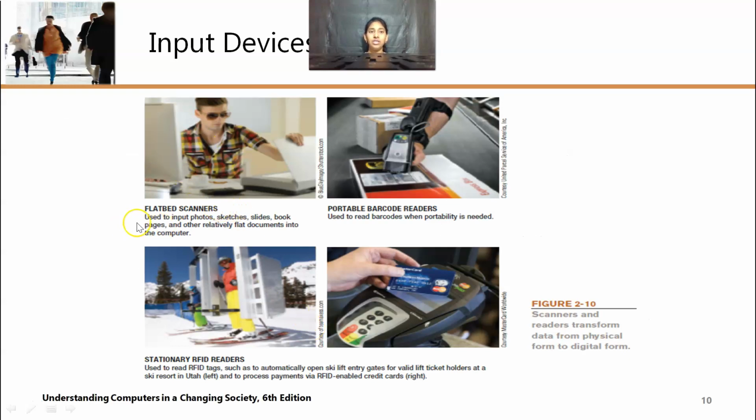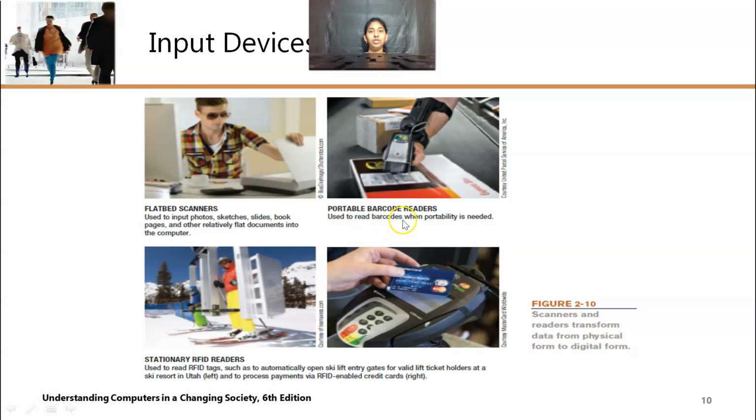In this figure, you can see a flatbed scanner, which takes input like photos, sketches, slides, books, pages, textbooks, any hard document, any hard copy. You can scan it, and it will store it as a graphical image and give it to the computer, which stores it in digital form.